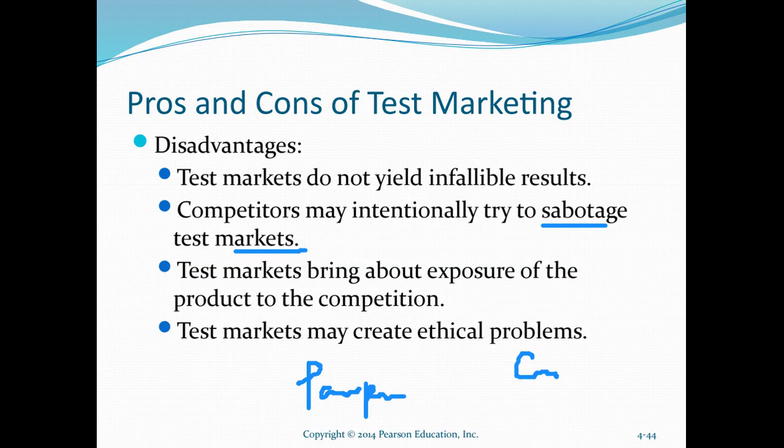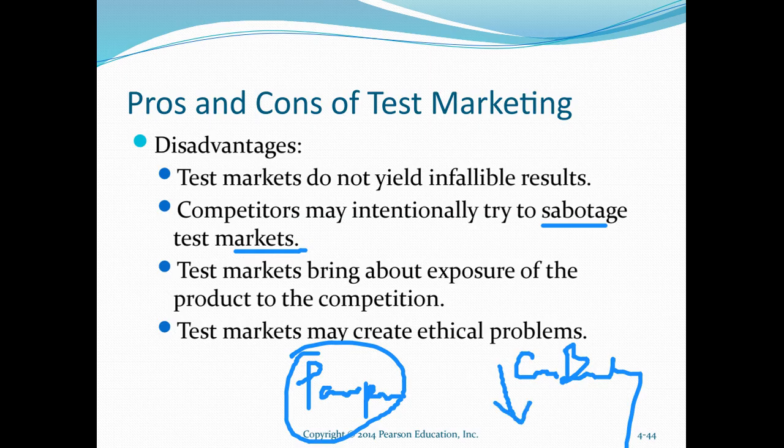So when they see you are trying to launch a new brand of Pampers for children, Can Baby puts its product on sale, from say 500 Riyal to say 300 Riyal. That will affect the purchase of the product that you put on test marketing.